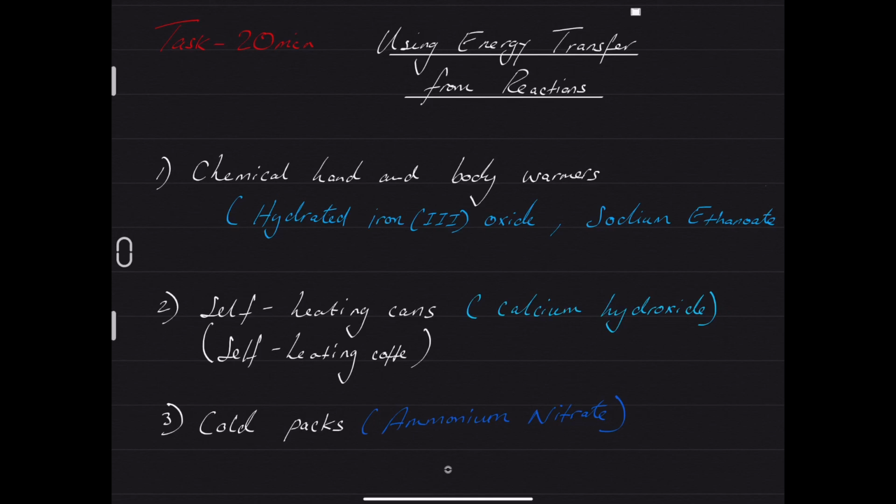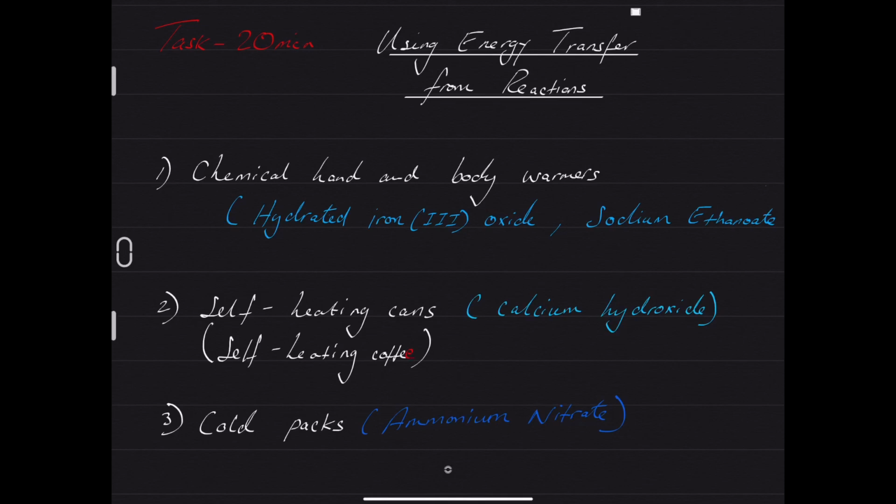The next one is self-heating cans. An example of this is self-heating coffee cans. And the chemical product or reactant that you may typically find in this is calcium hydroxide. There is more to this. There is an actual complete equation that you can get for this, but I want you to research self-heating coffee cans that use or produce calcium hydroxide.